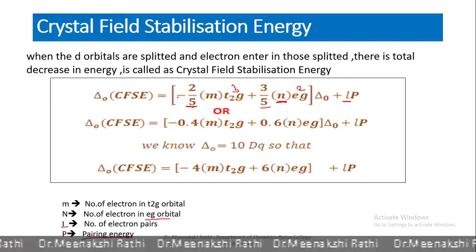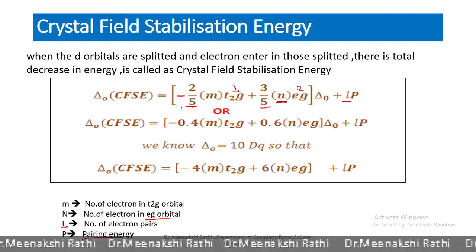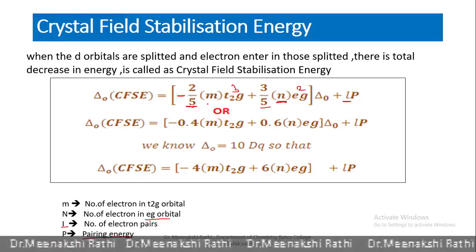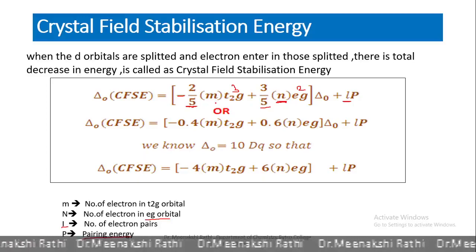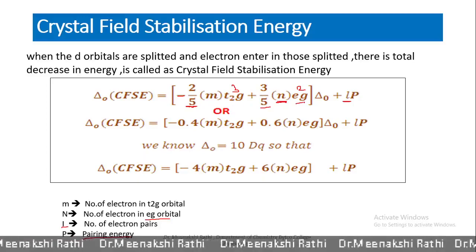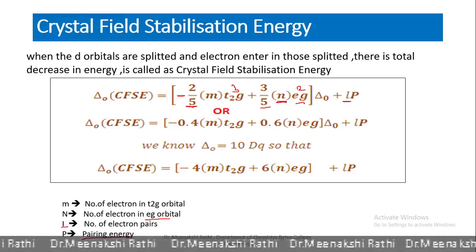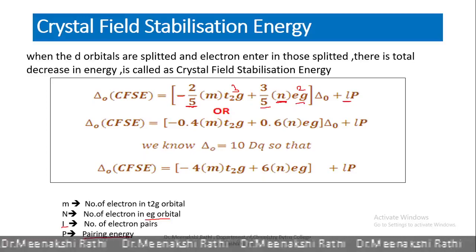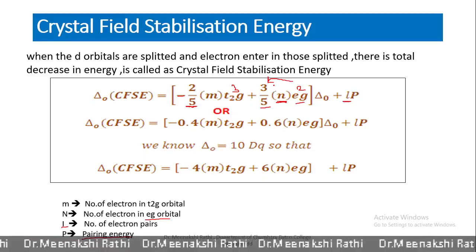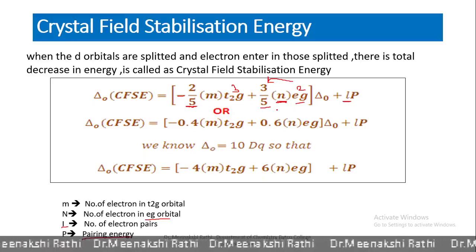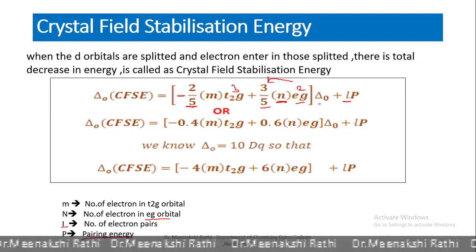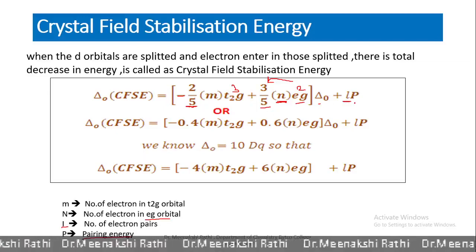So the minus sign indicates decrease in energy, and it is taken as minus 2/5 m, where m is the number of electrons in T2g orbitals, plus 3/5 n for Eg. There are 2 Eg orbitals and their energy is higher as compared to the 3 T2g orbitals. So it is taken as plus 3/5 n delta O plus the number of paired electrons times the pairing energy.